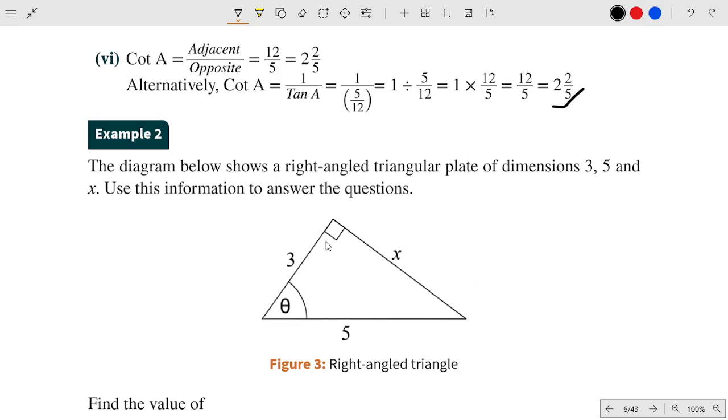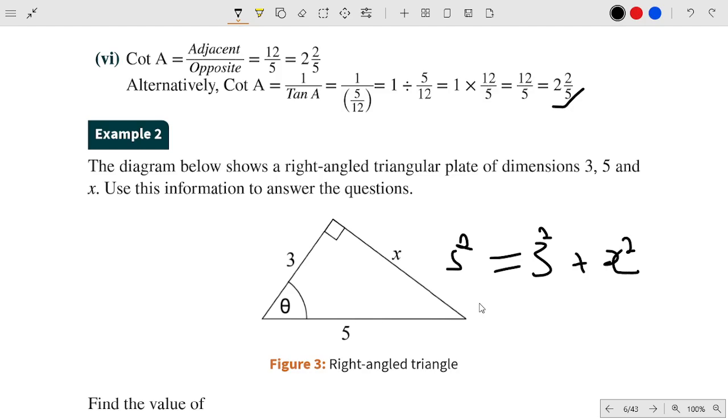Looking at it, this is the right angle, so this side opposite to it is the hypotenuse. So meaning that 5 squared will be equal to 3 squared plus x squared.